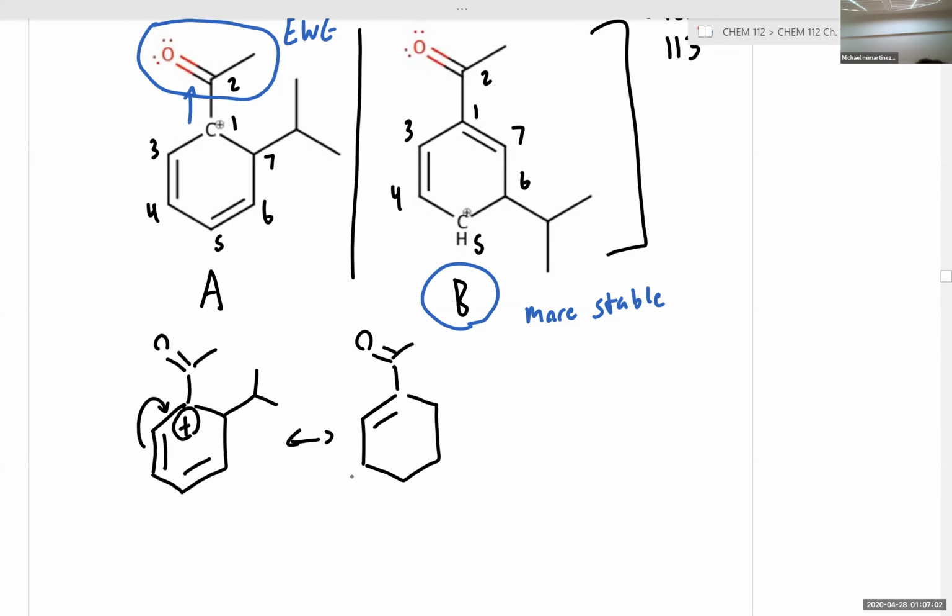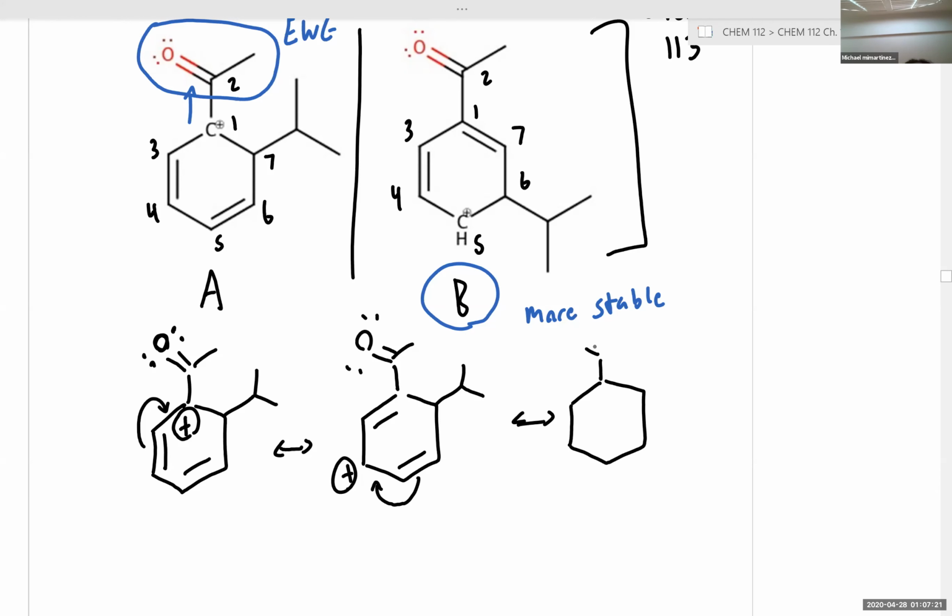And this is the kind of analysis I'm expecting you to do on exams. So we're just pushing our electron density and moving our carbocation around the ring.